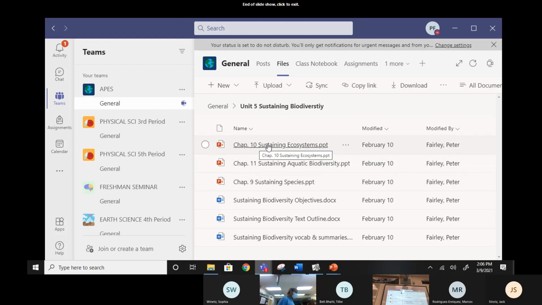This is the one we just did, or a very similar one. And then we have lists of objectives, outlines for each chapter, vocabulary lists, and summaries of each chapter. So I've got all these materials for you in the files section that you can refer to, and I'll leave them there until we're done, because you might want to refer to them as part of getting ready for the exam in the future.